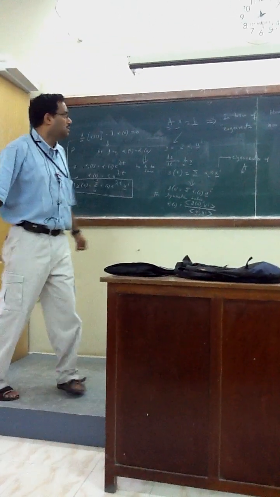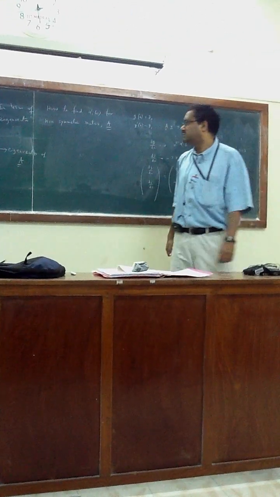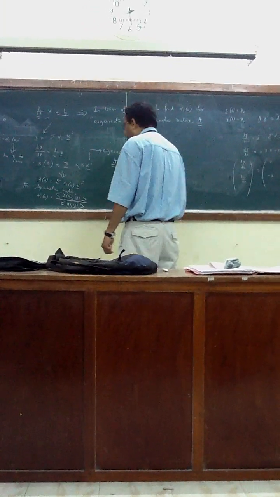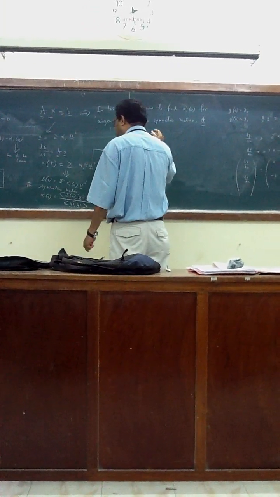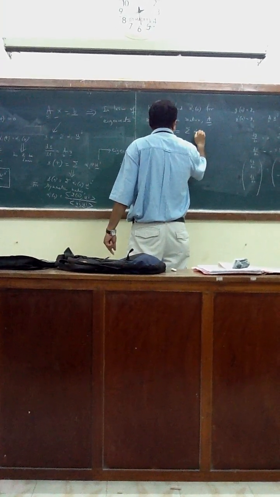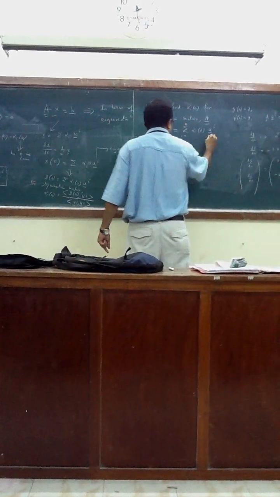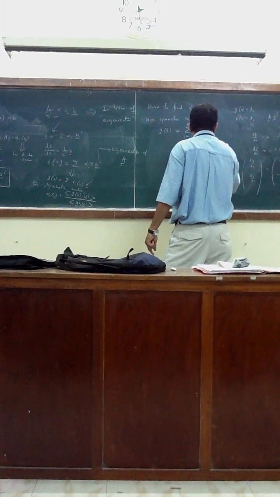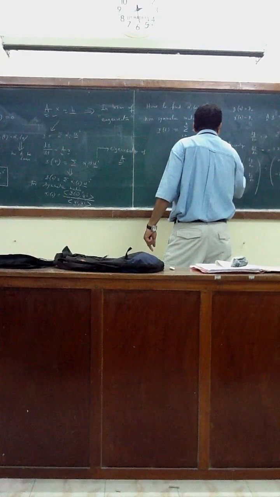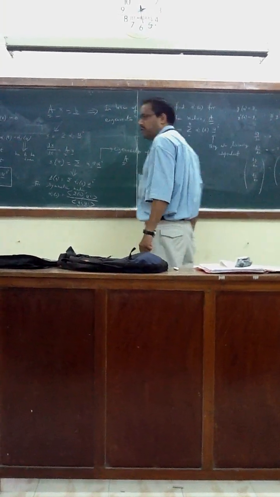Look at this part. We have x bar of t equals the summation of alpha i of t u i bar, i equals 1 to n, and they are linearly independent. They are not orthogonal.